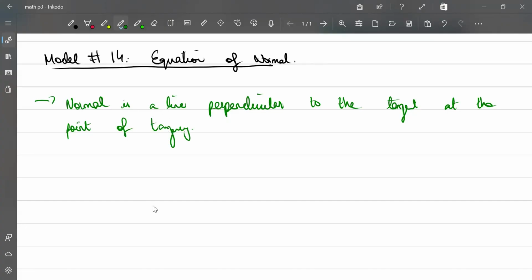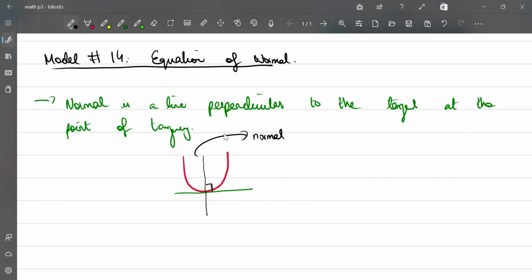Let's say we have a curve here, and this is our tangent. So the line perpendicular to this tangent at the point of tangency, which should be this line, is what we call the normal. This line which you can see, black.